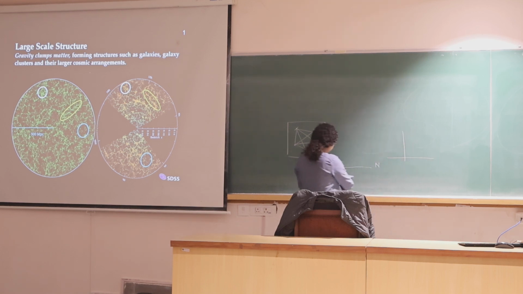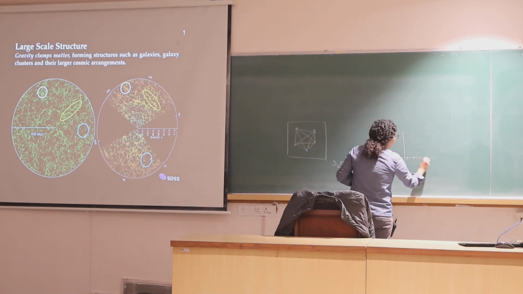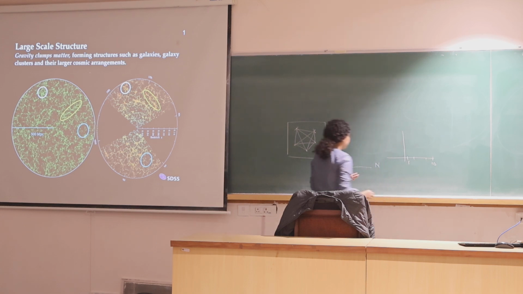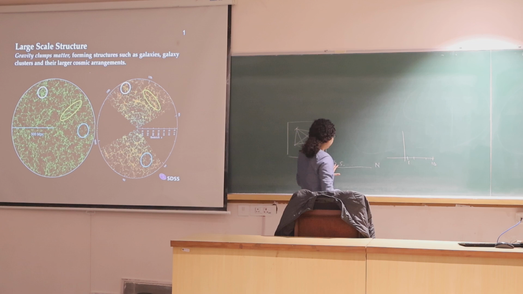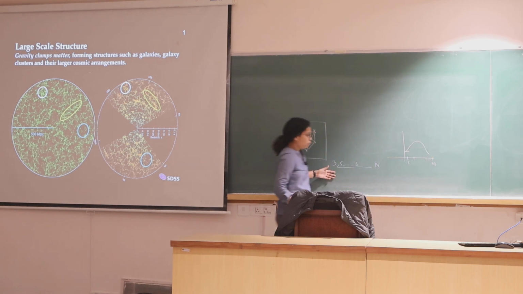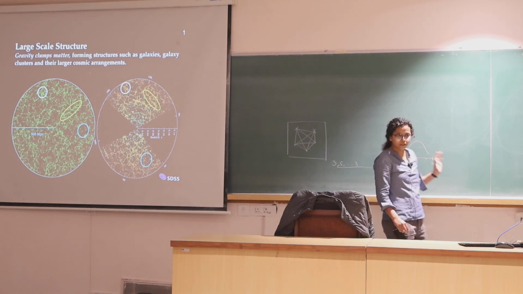Let's say the pair distance varies between 1 to 10. So on the x-axis we have 1 to 10, and in bins like 1 to 2, 2 to 3, we count how many pairs are there. So let's say for 3, we have 2 pairs, then we plot 2 on the y-axis, and something like this we get for these pairs. This is called correlation function.